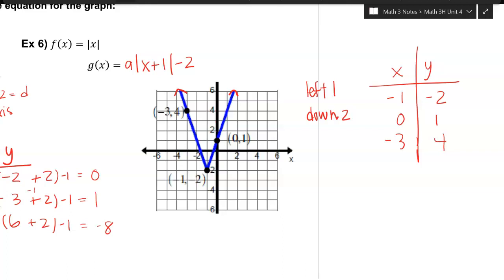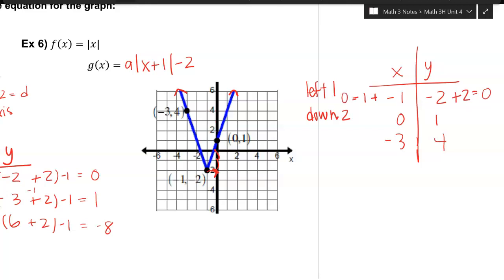So we actually want to go right to get back to our 0, 0. So we're going to add 1. And then we need to go up. So we need to add 2 on this side. So 0 and 0. So that one works.